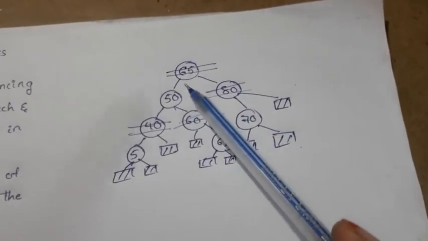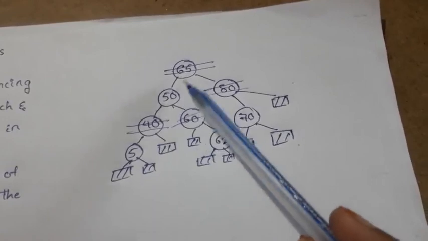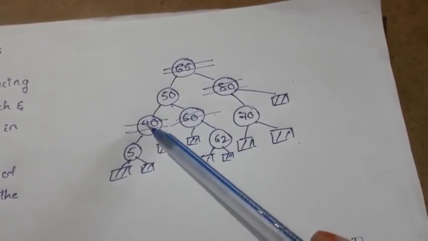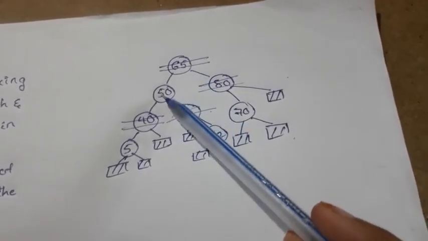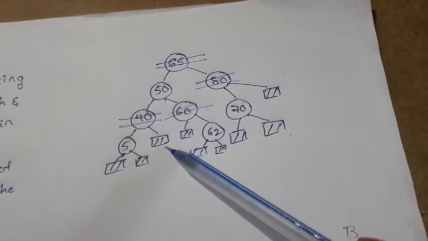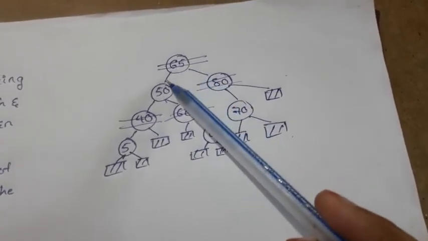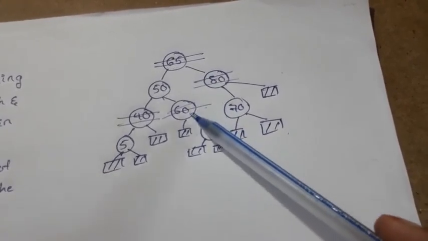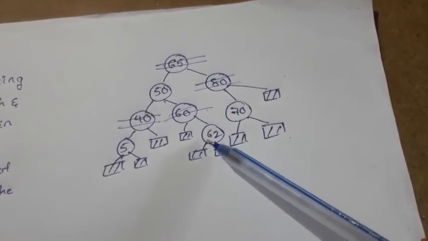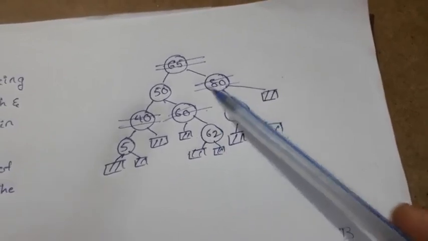From 65 to 5, it is having one black node. From 65 in this path, it is having one black node. And from 65, 50, 60, in this path, it is having one black node.